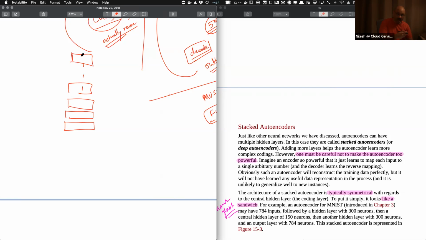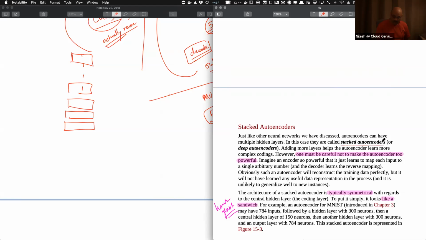And of course, you can be reasonable about how deep you go. But the way to train these multi-layer or stacked autoencoders is to do them one at a time. That's the way to train these things.